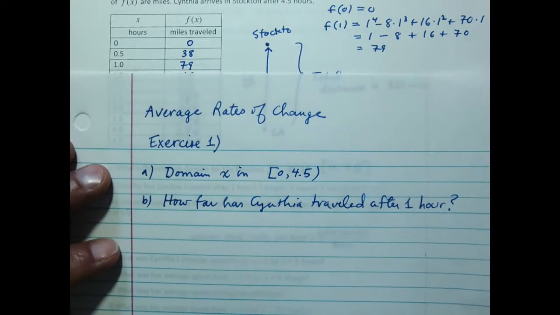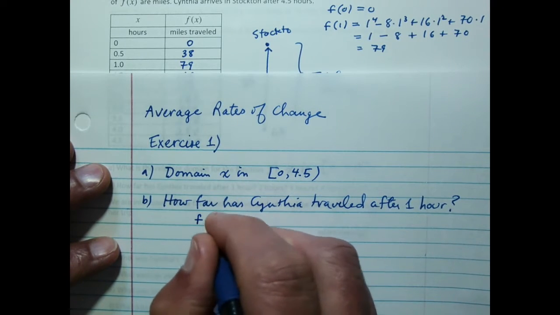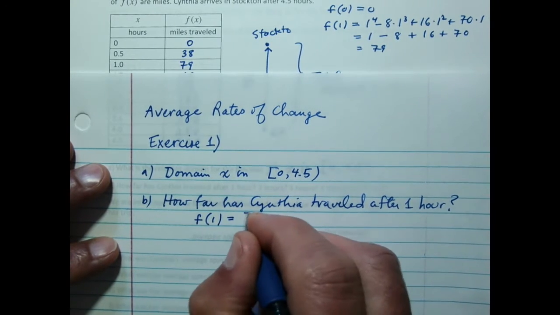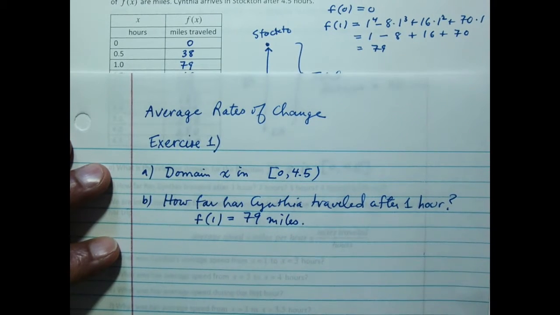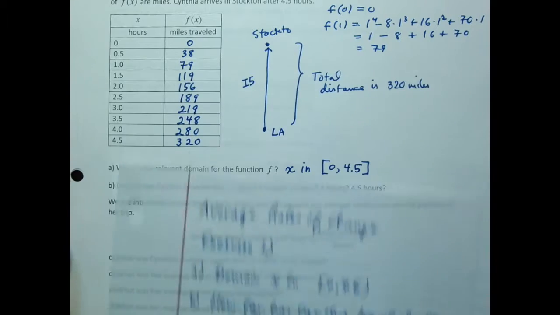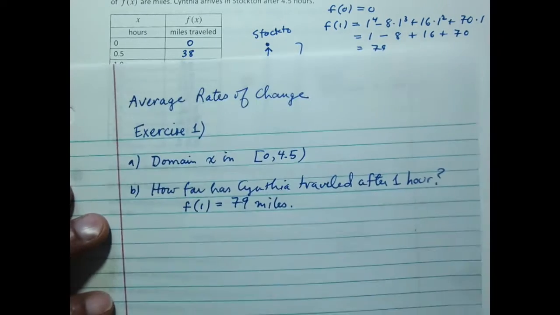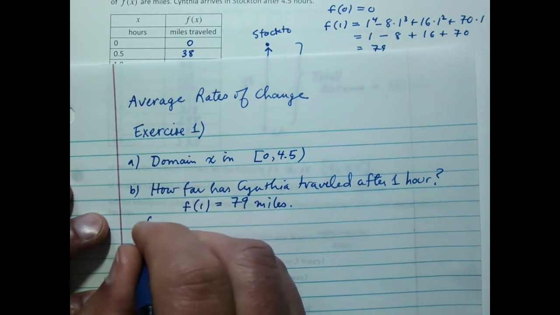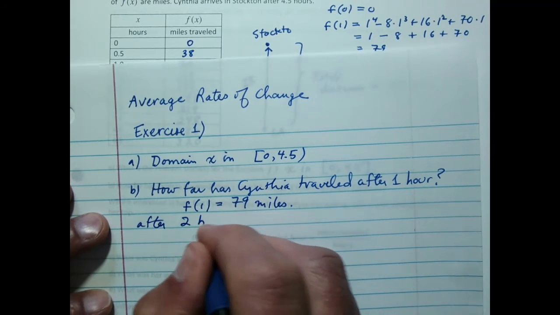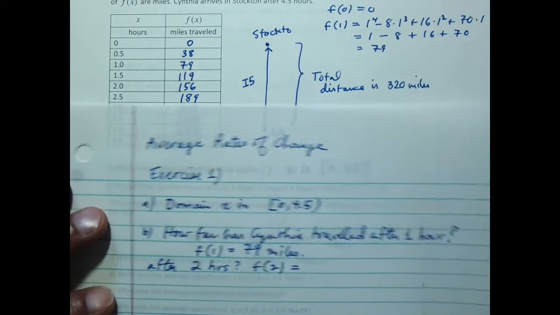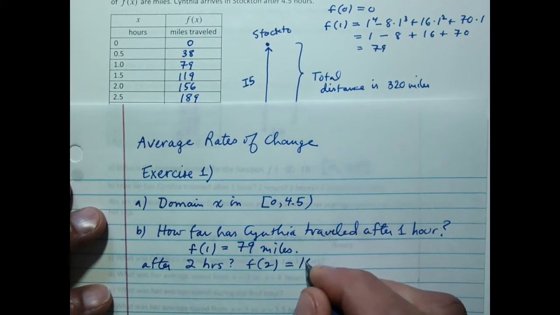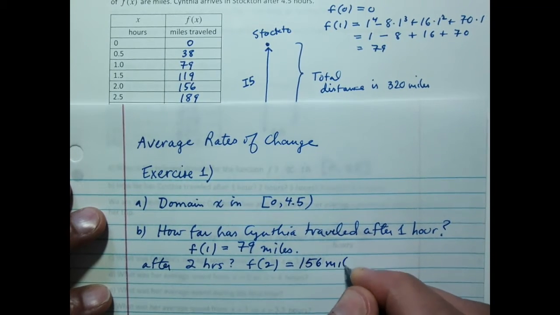I just want to make sure you realize that's f of 1, which is 79 miles. So in the first hour, she drove 79 miles. And then I say after 2 hours is f of 2, which we can just copy from our table, is 156 miles.